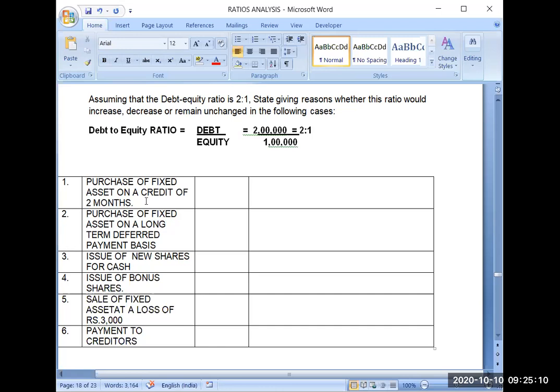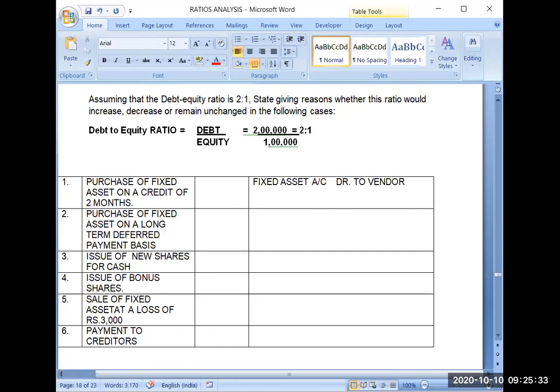So first thing, what journal entry you will be doing for this purchase of fixed asset on credit? Obviously, the journal entry will be fixed asset account debit to vendor account, because you are purchasing on credit. So that's why you will be doing this entry.